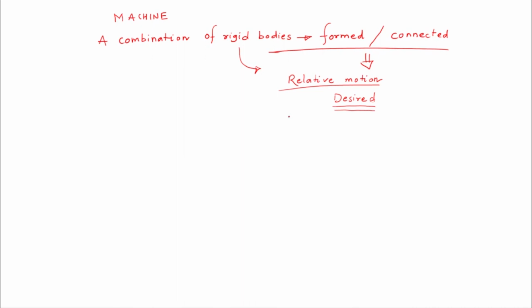In addition to getting the required motion, the machines are also transmitting the forces. The forces will be transmitted from the source of power to the application. So as we have seen, the source of power is the combustion chamber in IC engine.